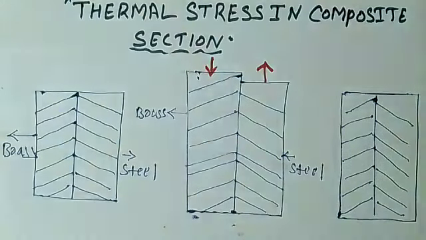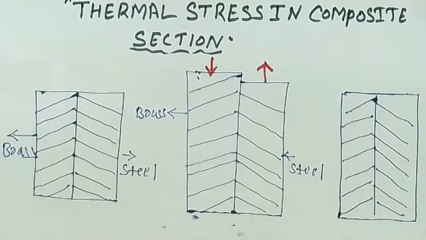In this case the brass is expanded more, so we are applying the compressive load on the brass and tensile load on the steel. Two conditions you have to satisfy: the load on brass should be equal to the load on steel, meaning how much compressive load you are applying, the same amount of tensile load you have to apply on the other body. And the actual expansion of these two materials should be equal.